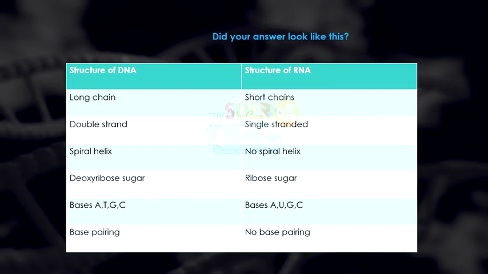If you're looking at DNA on the left-hand side, and the structure of RNA, the first comparison would go on the lengths of the chain. In DNA, the chains are long, so a long chain as compared to a short chain in RNA. A double strand in DNA, a single strand in RNA. A spiral helix in DNA, no spiral helix in RNA. The sugar in DNA, called deoxyribose.